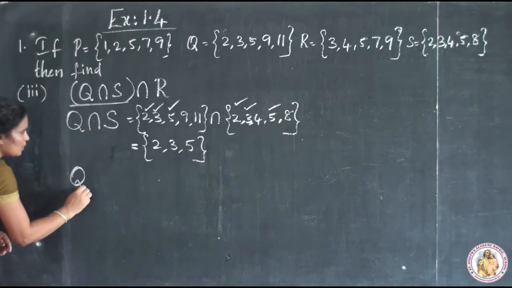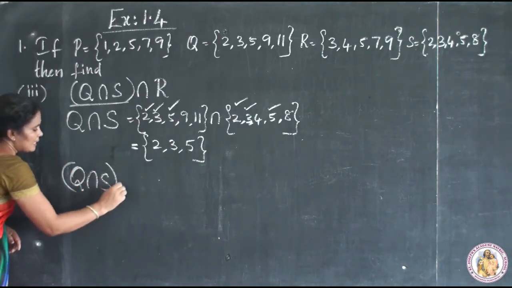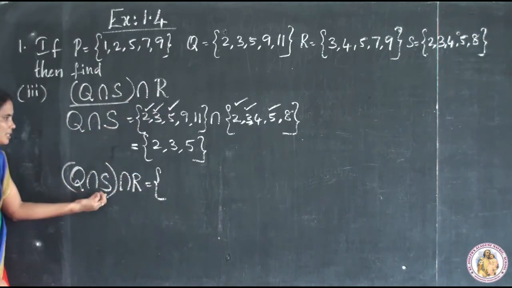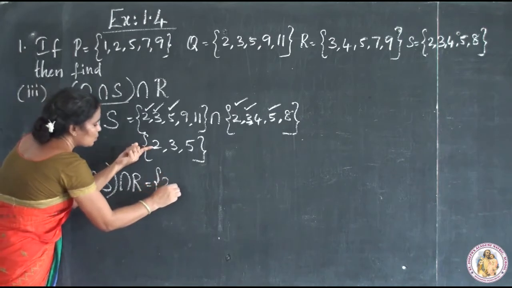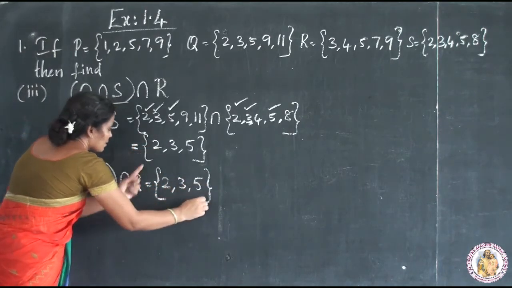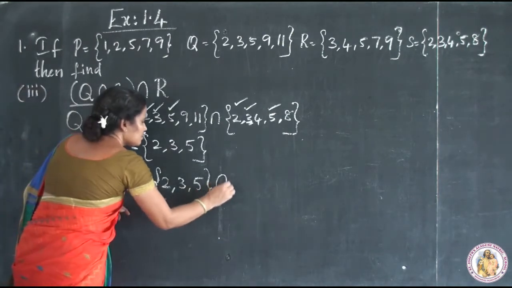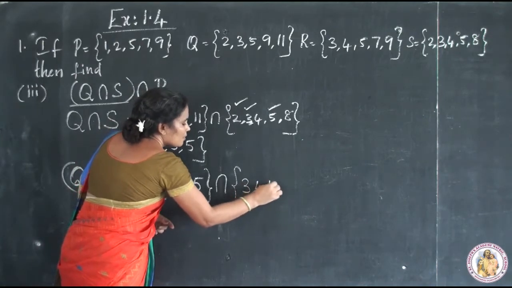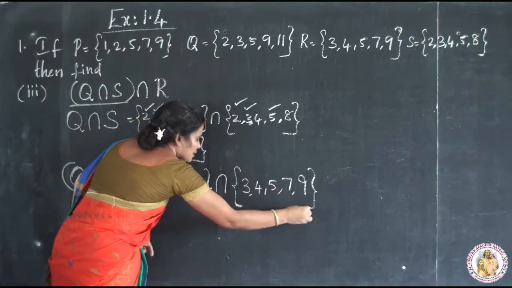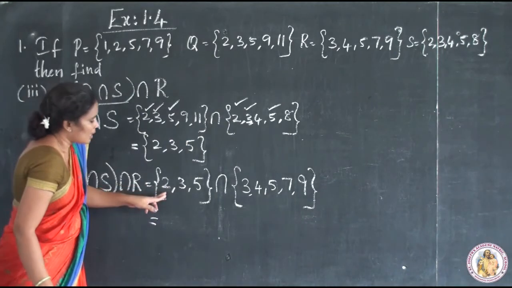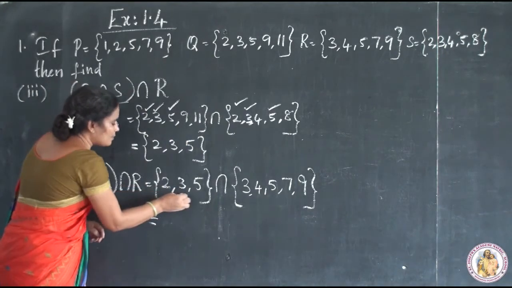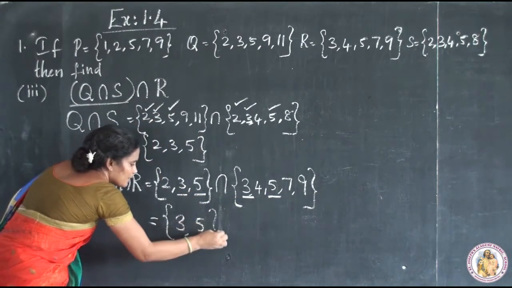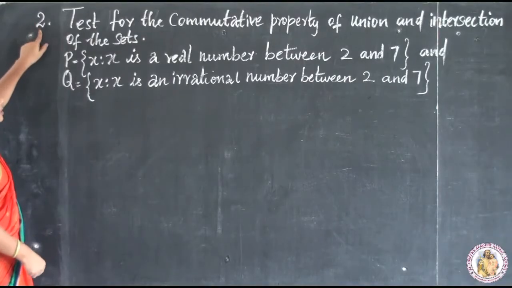Then go with Q intersection S intersection R. For Q intersection S, we have found 2, 3, 5. And write intersection R. What is R? 3, 4, 5, 7 and then 9. Intersection. Again write only the common elements. Here we have 3 and 5. So 3, 5. Okay.